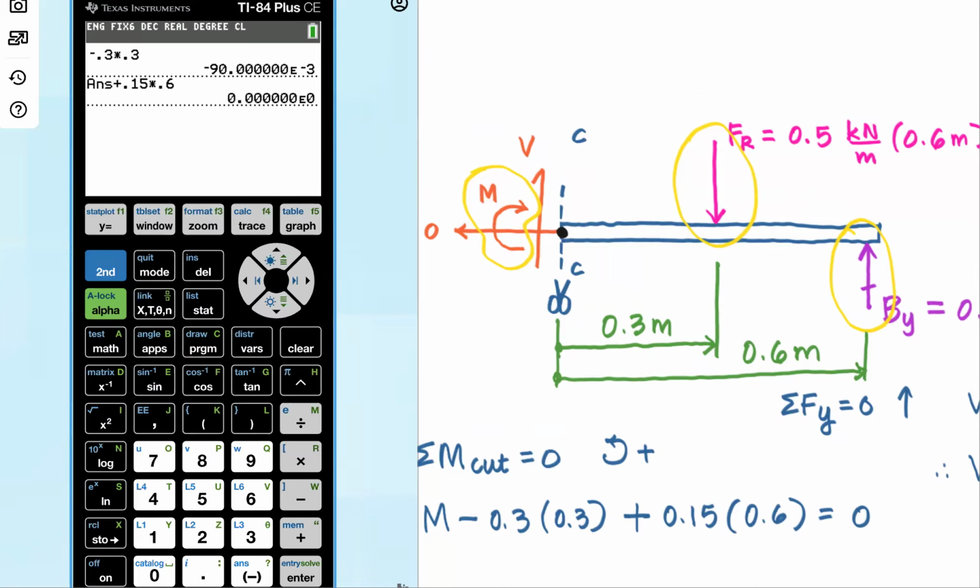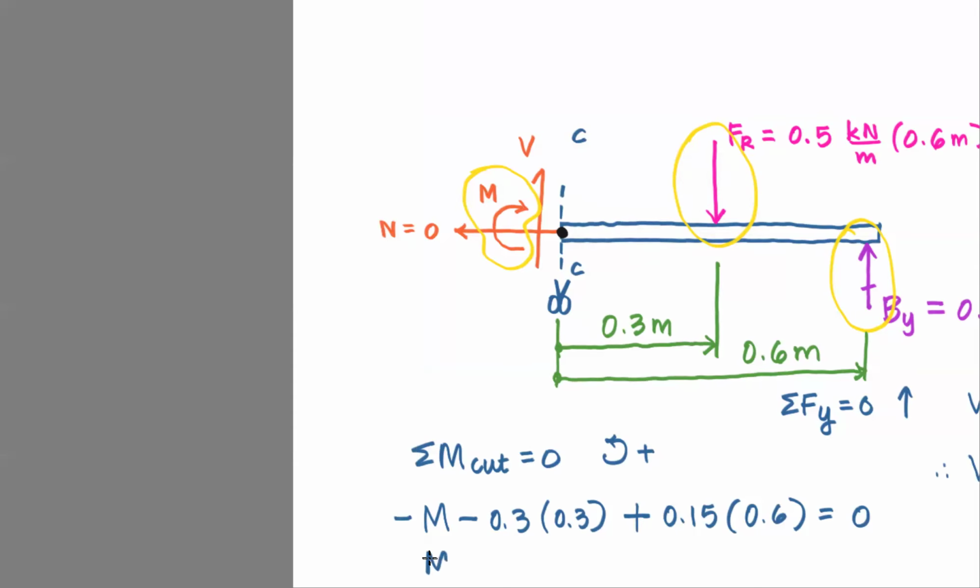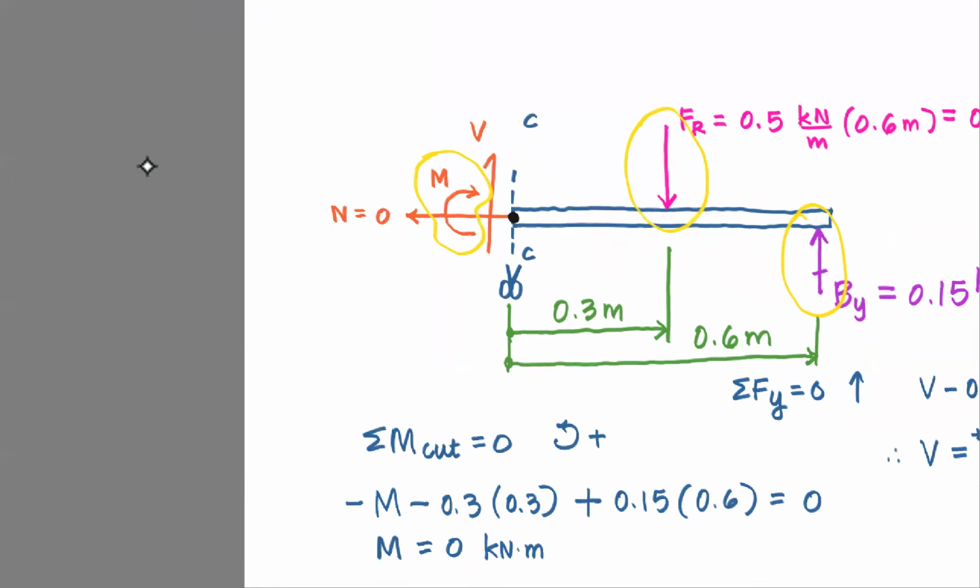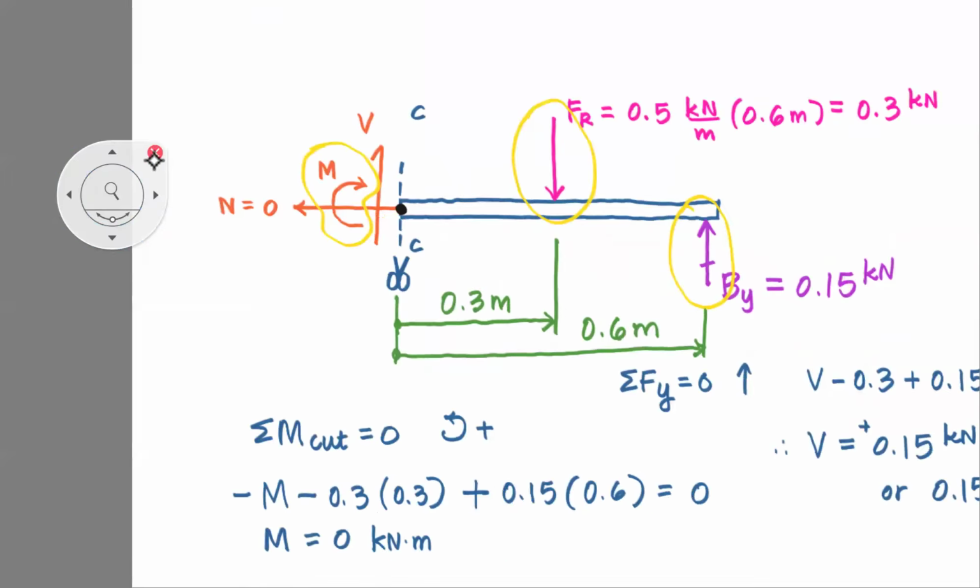So there is no net moment on this free body. What that means is that the internal moment at that cut plane is 0. Now, when you have a 0, you don't have to put units with it, but I'll do that just for fun. So that answer is 0. And that's really interesting. Let me explain why.